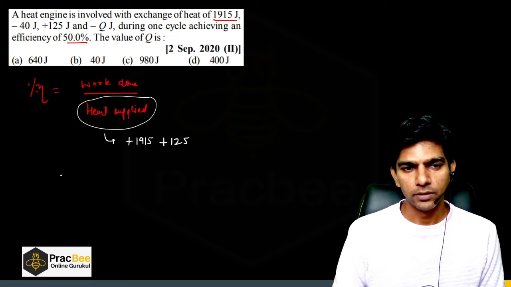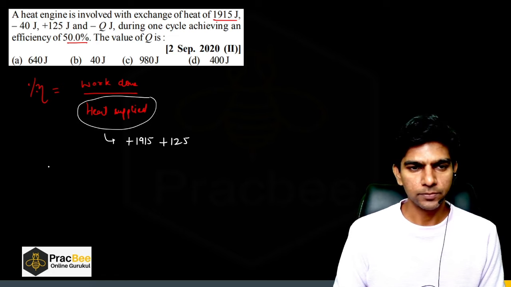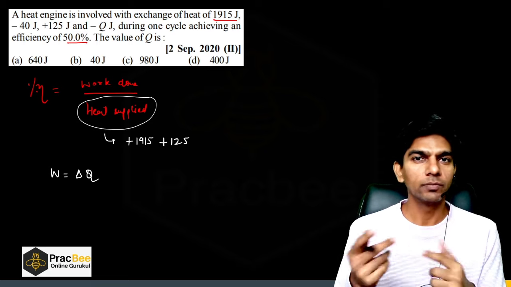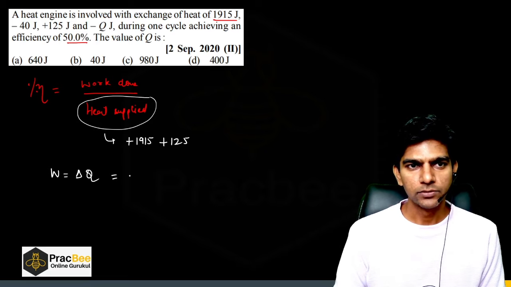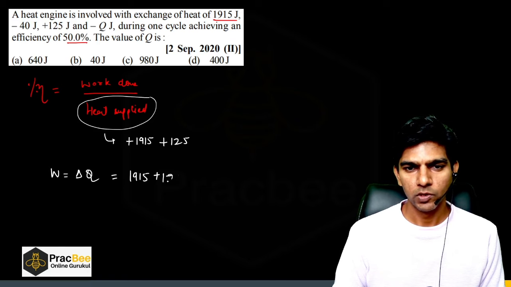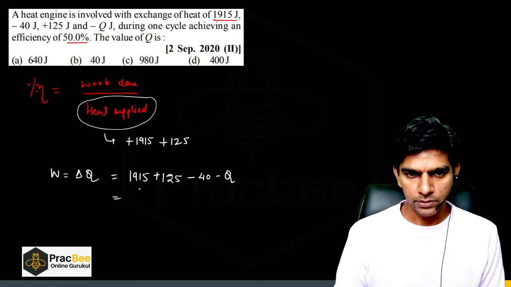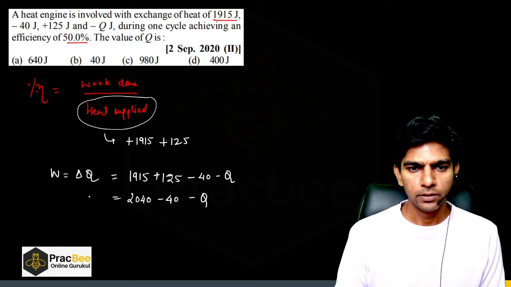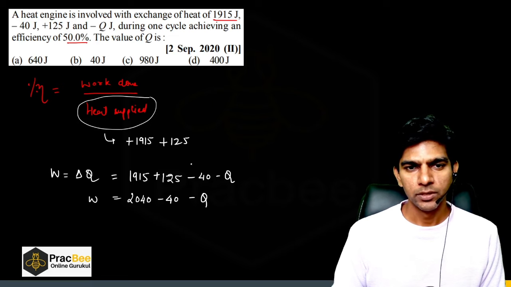Now, what is the work done? We know that if we apply energy conservation, the work done will be the total heat exchange, right? That we have seen in the heat engine, it is Q1 minus Q2. So the total heat exchange will be 1915 plus 125 minus 40 minus Q. So this will become 2040 minus 40 minus Q, and this is the work done, right? So let us put this value in this formula.